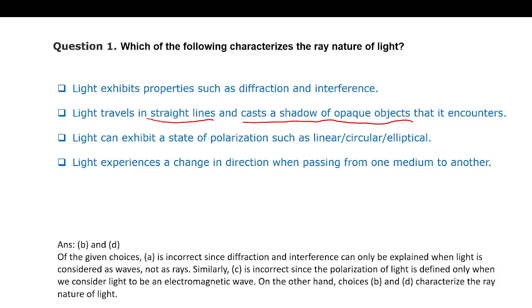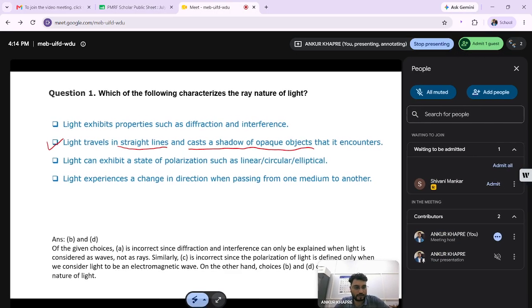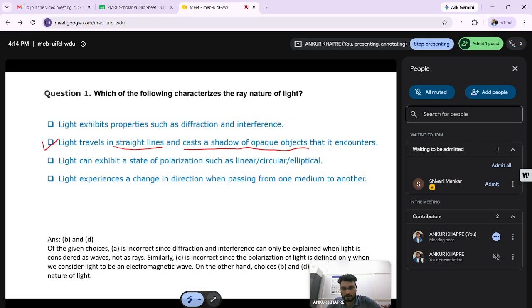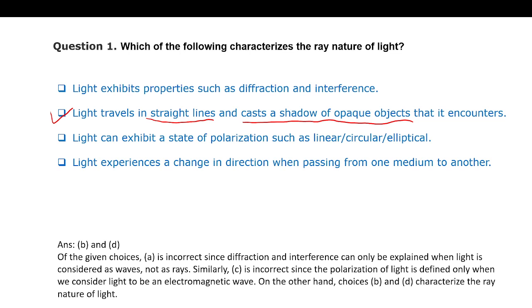So it has the shadow. This is one of the correct characterizations of the ray nature of light, and it is a daily life example. We see our shadow. That's how we see the ray nature of light.